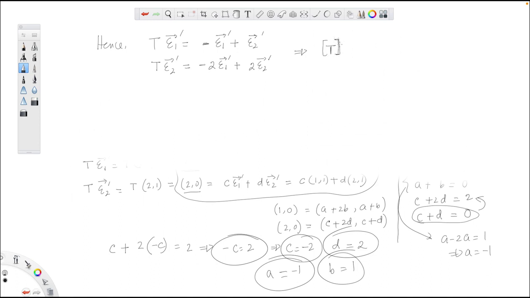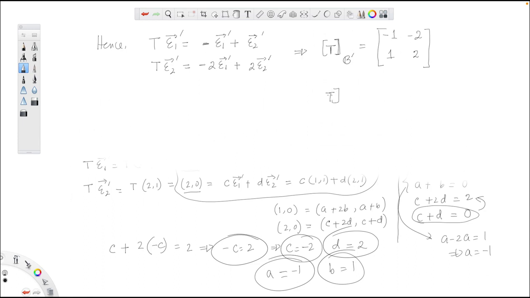Okay, so now using results from previous segments, we know that the matrix representation of this linear operator relative to the ordered basis B prime is going to be (minus 1, 1) as the first column, and (minus 2, 2). Which agrees with what we found earlier using Theorem 4, right?